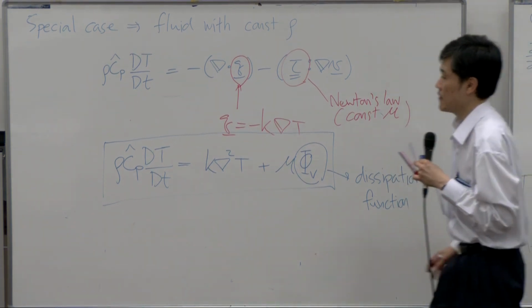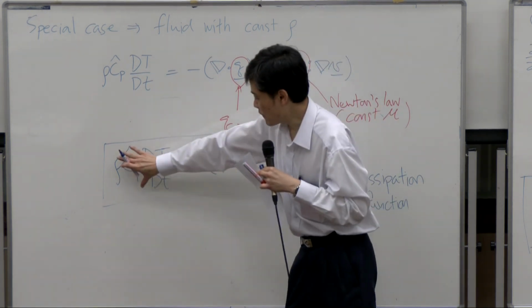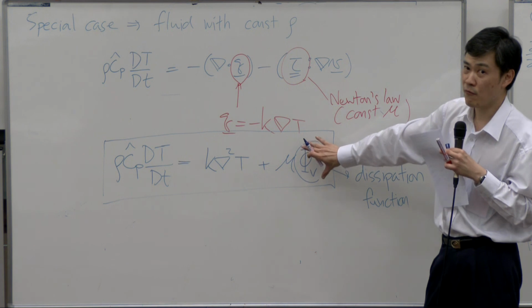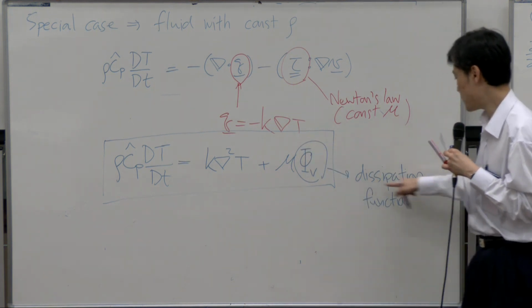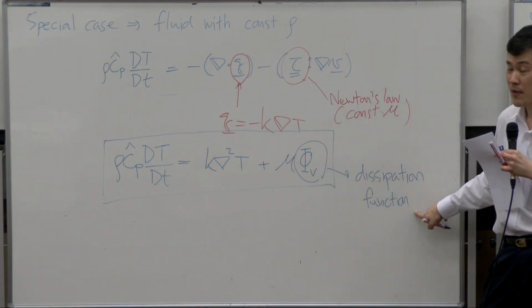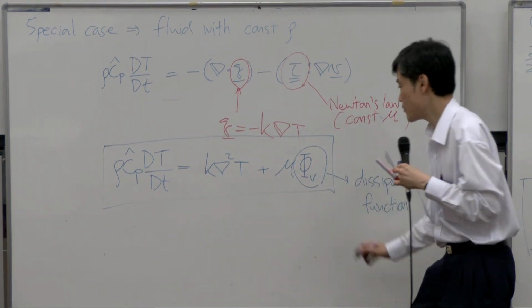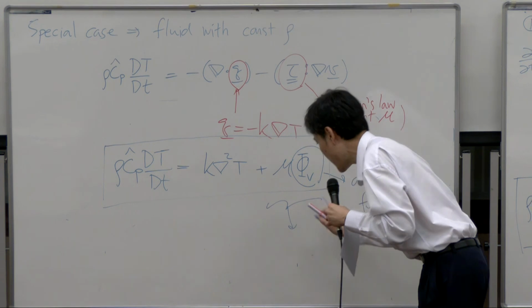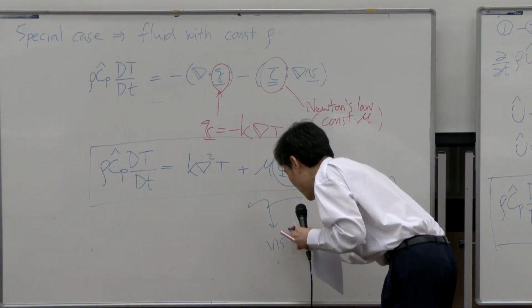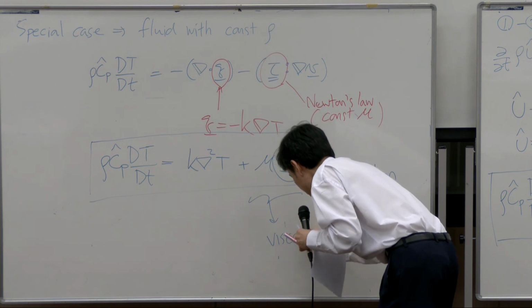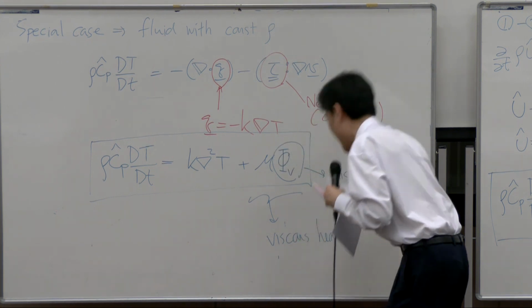All right? You understand that this term will be convection, this term will be conduction. This term, however, what is it? It is called dissipation function, but in physical meanings is related to viscosity. So therefore, this term is directly related to what we call viscous heat. Okay?